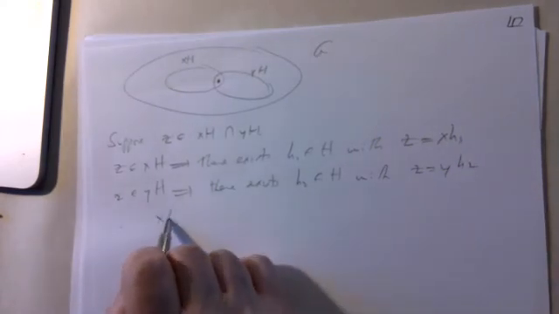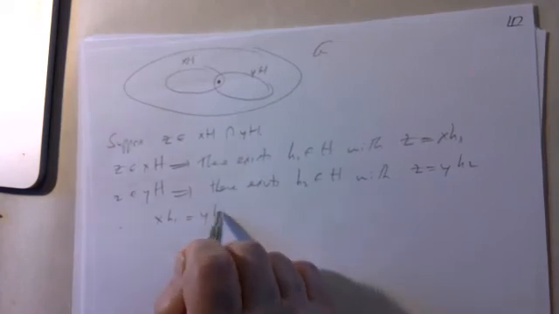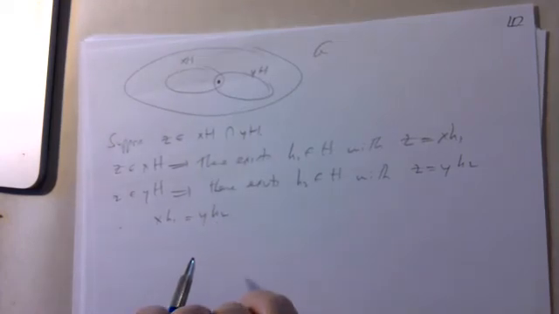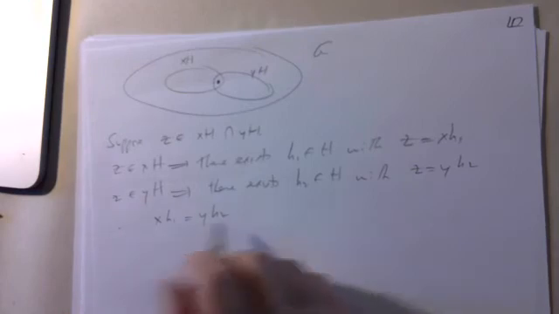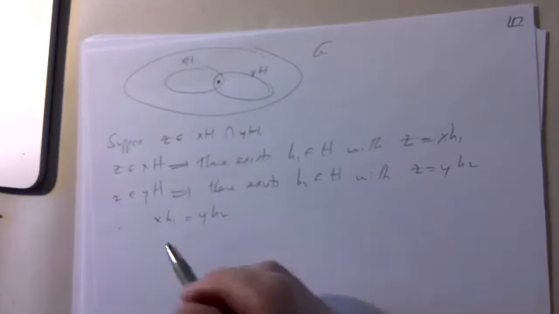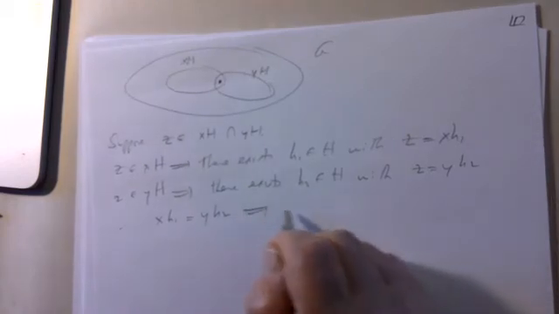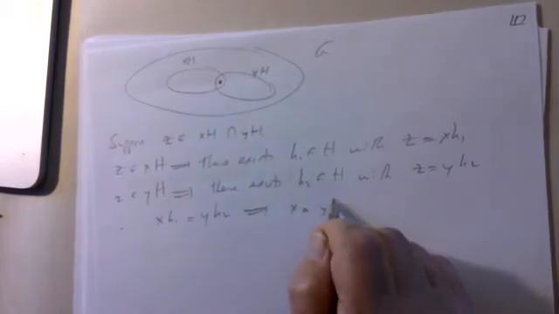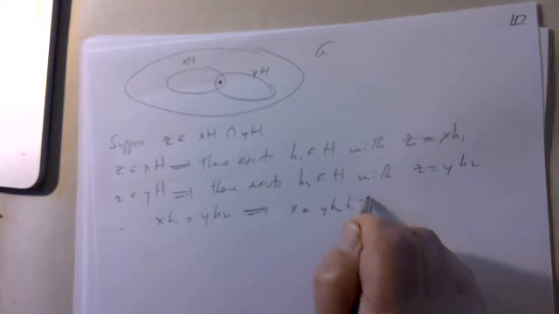So therefore, xh1 equals yh2. And if I multiply on the right by h1 inverse, x is y h2 h1 inverse.